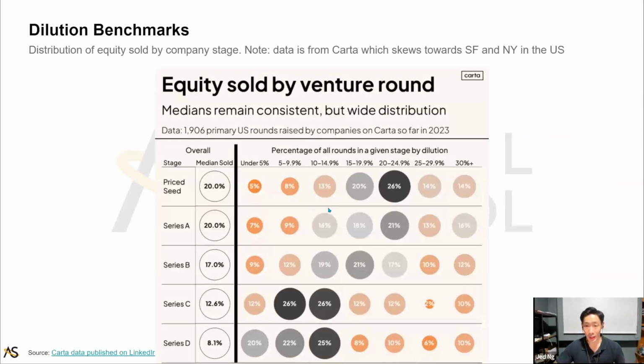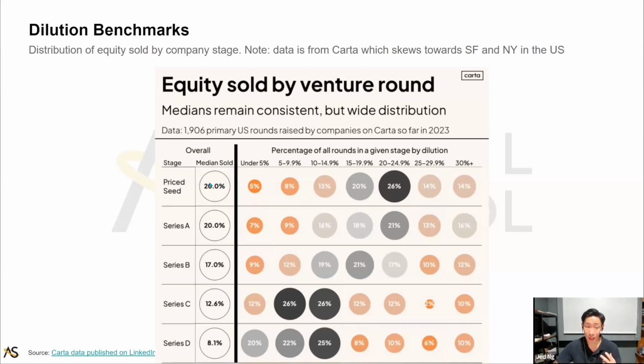So I'm going to start here. This data, again from Carta, is kind of representative of US companies. What we're looking at here is dilution distribution across different stages, from seed stage to Series A, B, C, D, etc. And here at seed stage, this is what guides our dilution benchmarks, right?